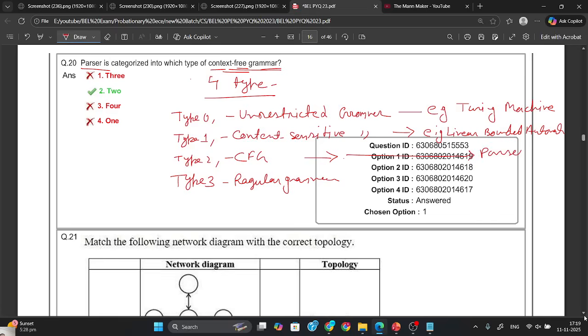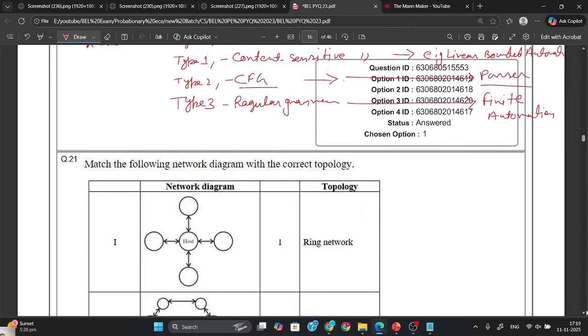For regular grammar, the example is finite automaton. Here it's asked about CFG, so the example is this one, and it's related to type 2. So option B is the right answer.